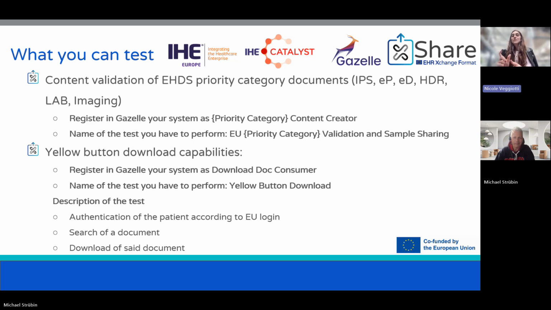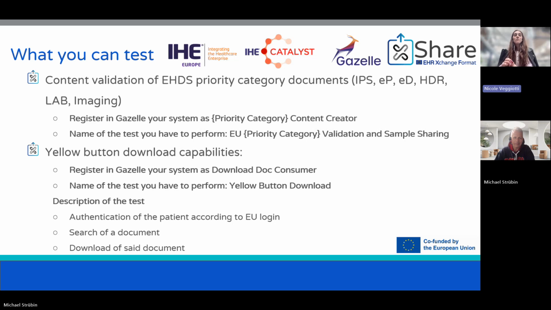The actor is your priority category, patient summary, for example, content creator. We will see it later in the demo, but it's important for you to know it. The name of the test that you will have to perform is the following: EU priority categories, so for example, patient summary, validation, and sample sharing.